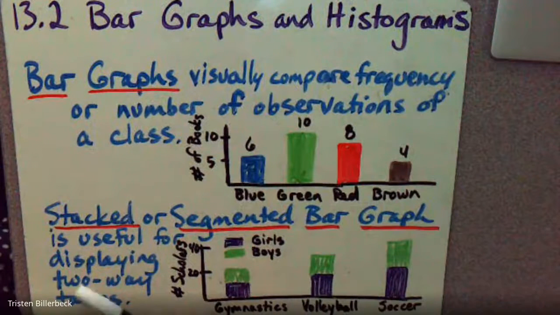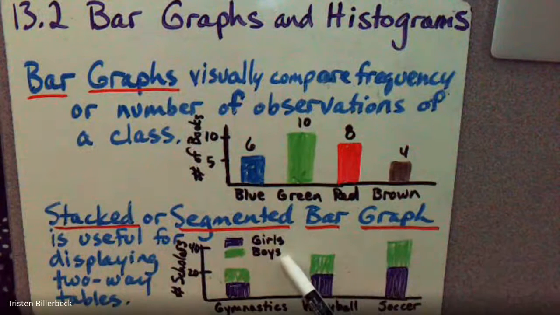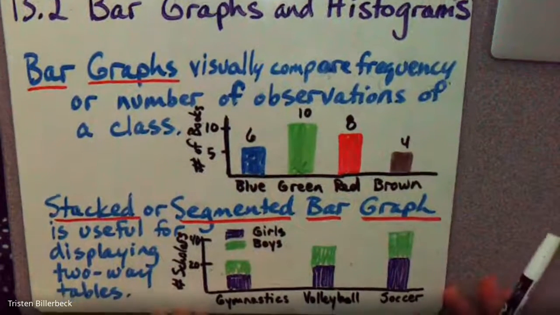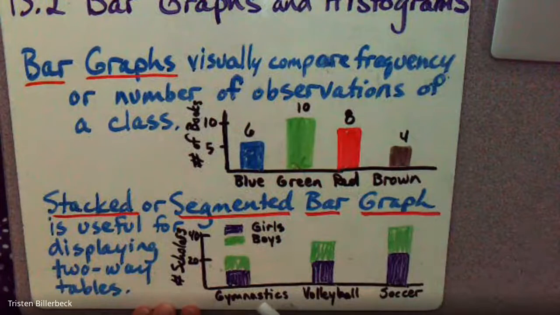So we can also represent the data as a stacked or segmented bar graph, and it's useful for displaying two-way tables. So let's say I have boys and girls, and I'm counting the number of scholars. I want to make sure that I represent the total amount of scholars, but at the same time, how many are boys and how many are girls.